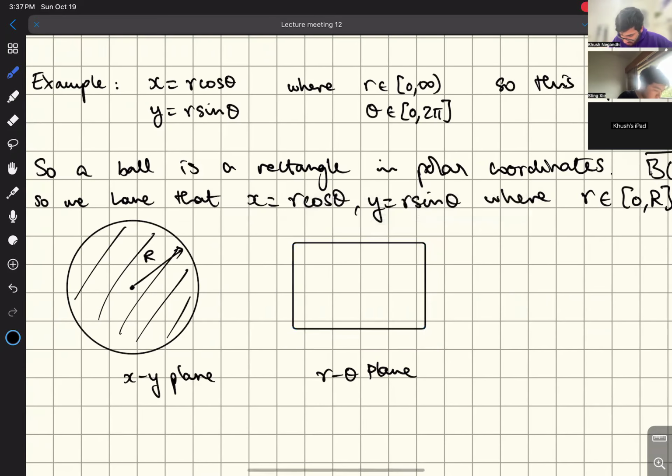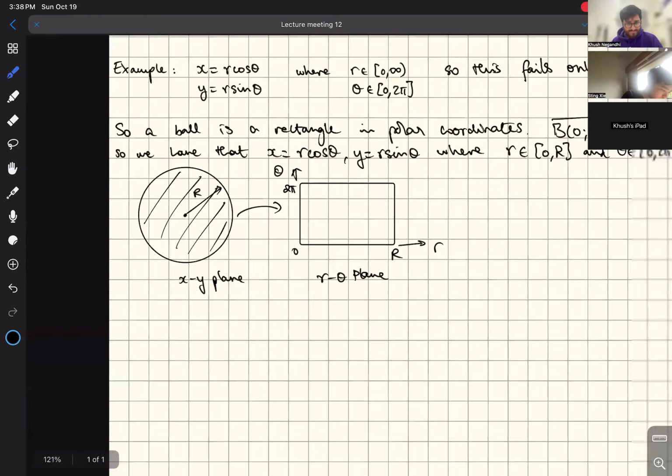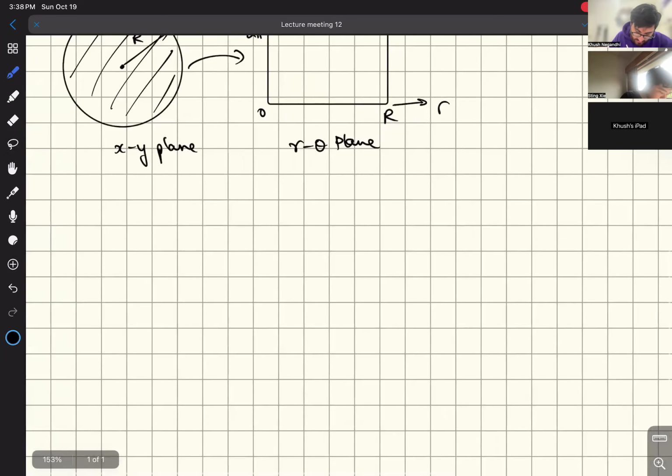This is the r axis, this is the theta axis, this is 0, this is 2 pi, this is capital R, right? So we can convert balls into rectangles. How does this help us with integration? It helps us in the following way. We have a theorem called the change of variables.